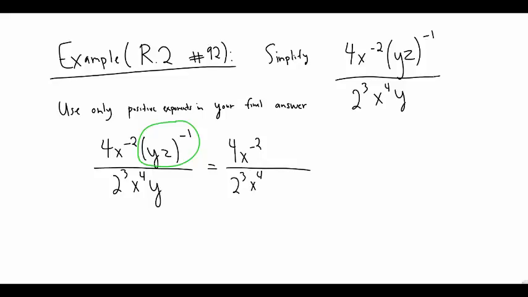The law said that a power of a product equals the product of the powers. So we essentially distribute the exponent. And now we see that we can, for example, separate these. And then we'll apply the law that deals with the quotient of two powers with the same base.